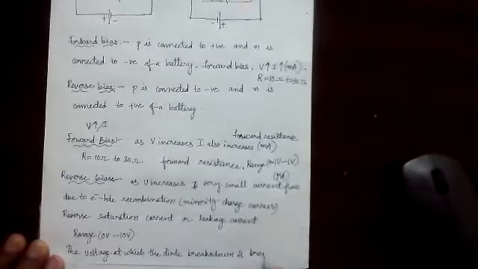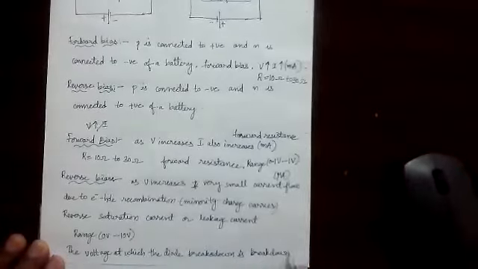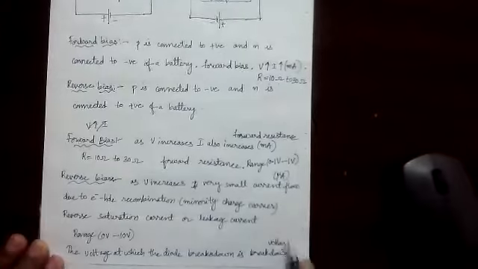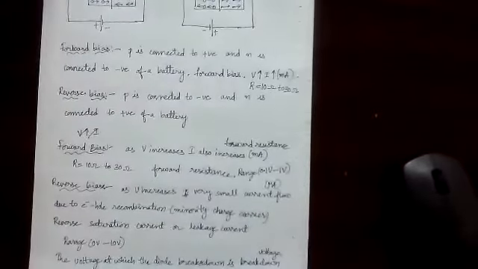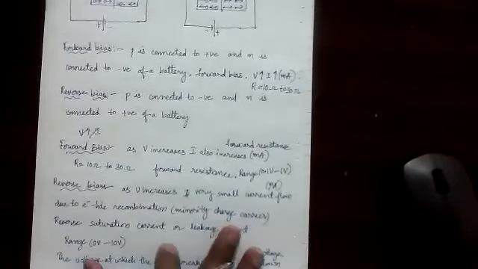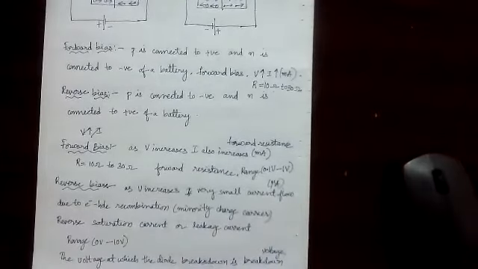Sometimes we say Zener breakdown or breakdown voltage. So that is the meaning of what happens in forward bias and reverse bias. Now we will study the VI characteristic of a junction diode.